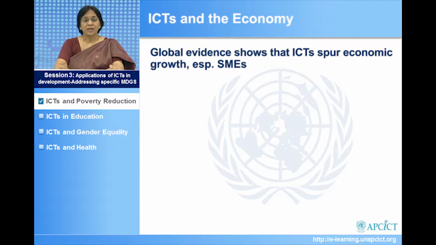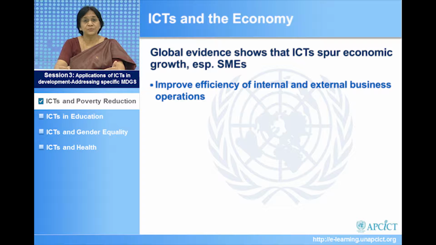For instance, the process of bill payment, the process of billing and of invoicing, the process of couriering transactions has all come down as communication costs have come down as internal efficiencies have gone up. You yourself must have experienced the difference between the price of sending a letter by courier compared to the price of an email with an attachment, and how it has improved costing. So one of the simplest ways is improving internal processes and external business operations through the use of ICTs.